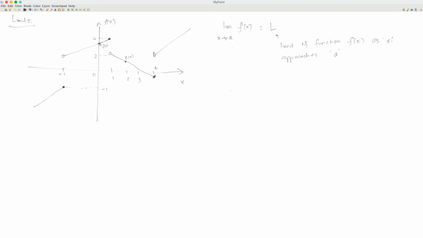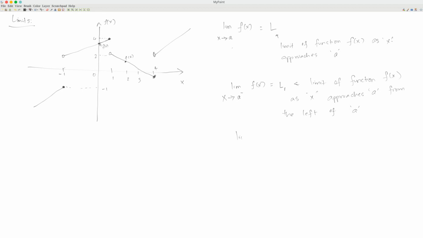You could approach from the left side, denoted a minus, f of x. Let's say we'll call that L1. This is the limit of function f of x as x approaches a from the left of a.